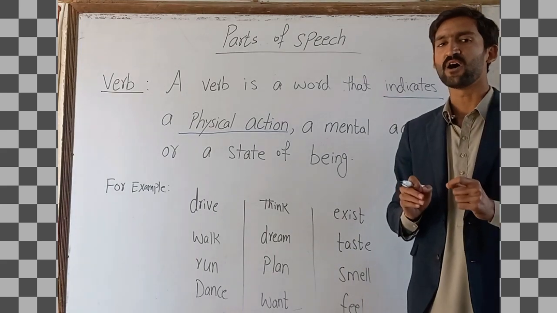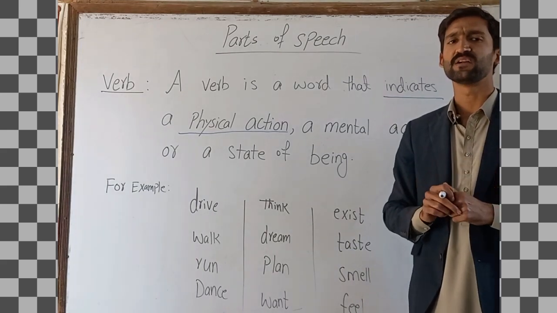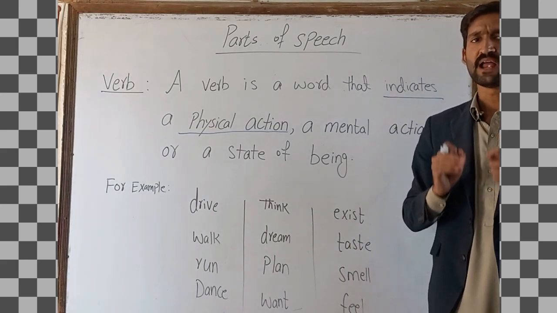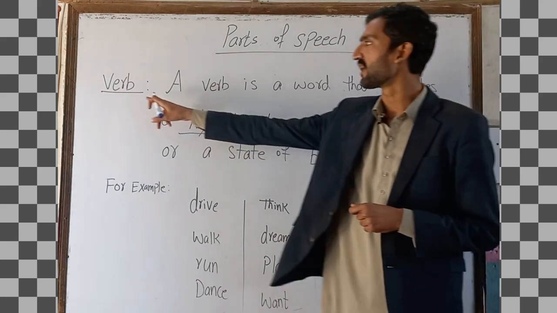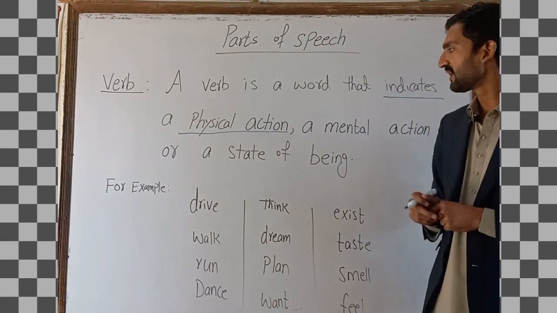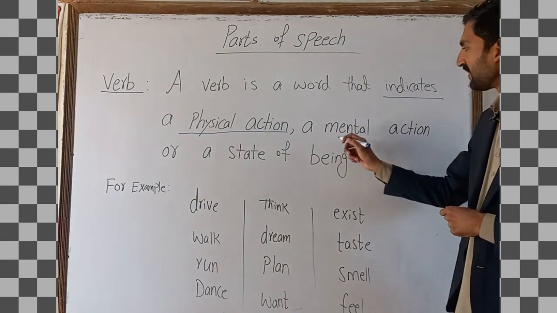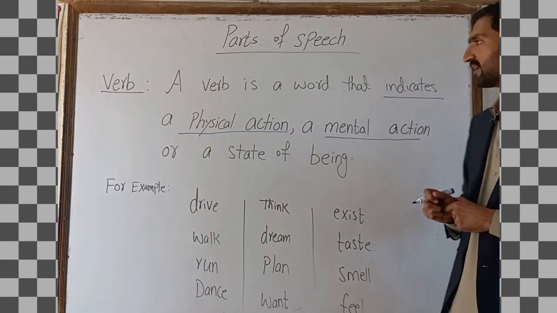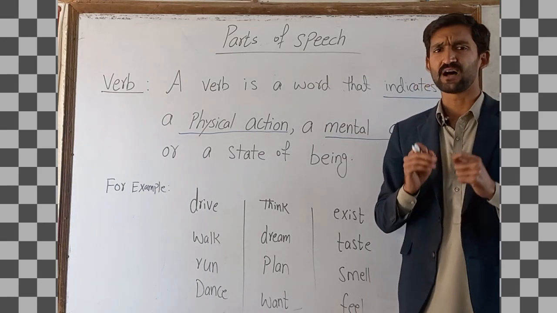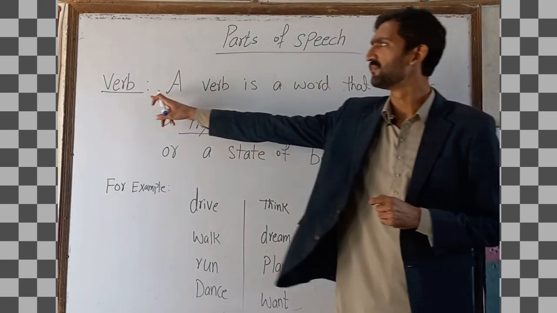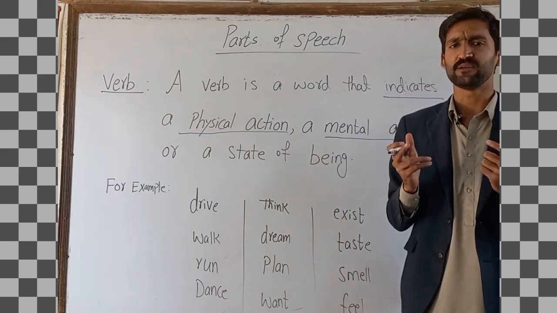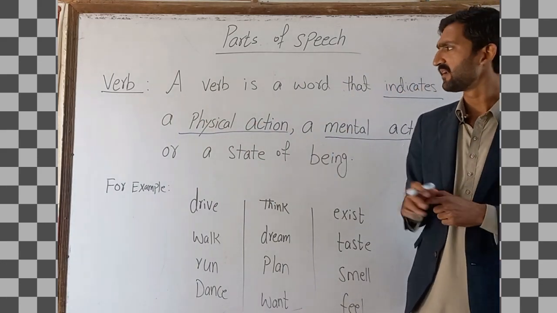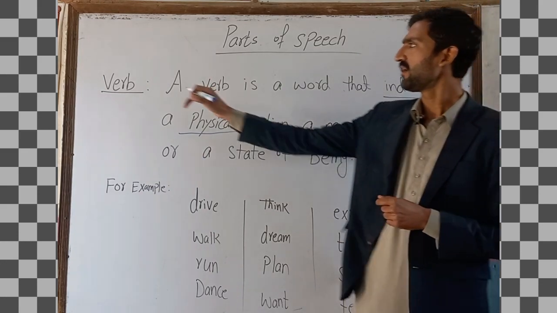Whenever a noun or a subject of a sentence performs any action or any physical action, that should be considered a verb. Further, there is mental action. Mental action is also linked with the verb. Anything that you imagine and think in your mind is known as a verb.